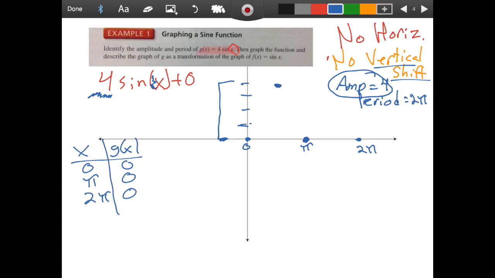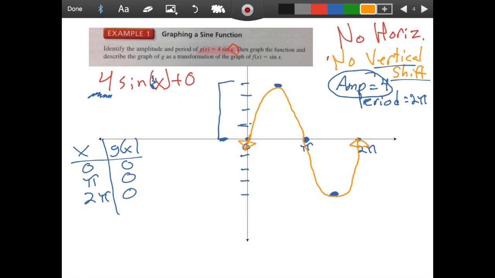Plot that halfway in between 0 and pi. Do the same thing down here. 1, 2, 3, 4. Plot that halfway in between pi and 2 pi. And just draw a nice curve as we hit each of these points. It can be a little tough to show how at first, but just take some time to get this going.